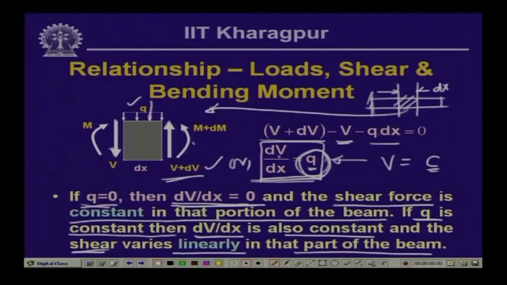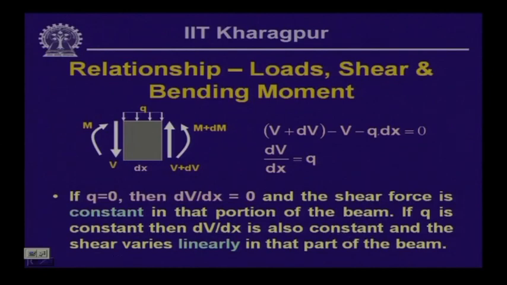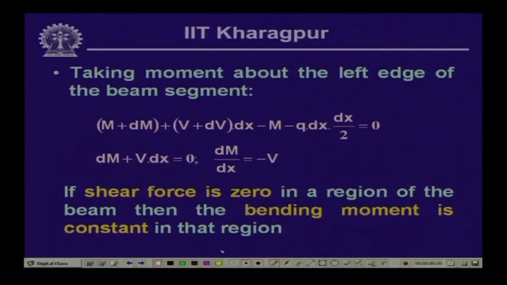Now, supposing we take the moment of all these forces with respect to this left edge, then what do we get? If we take the moment of all the forces with respect to the left edge of the beam, then we have this M plus dM, which is in an anticlockwise direction, if we consider that as positive. Then on the right hand side, we have V plus dV times the distance dx as the moment.